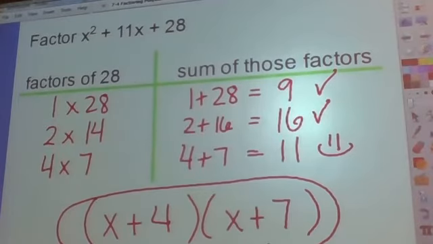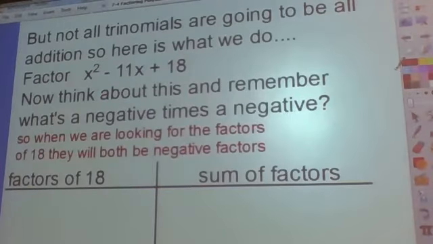Okay, here we go. Ready for the next part? Unfortunately, not all trinomials are going to be addition.